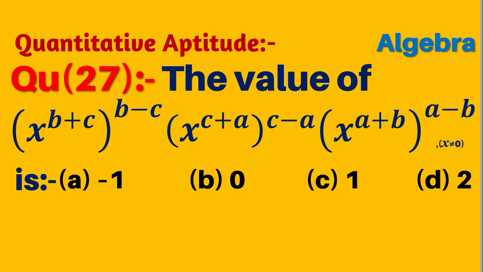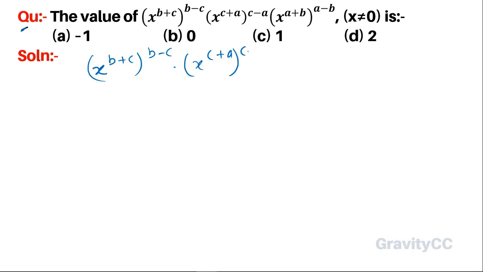Solution. Here given x to the power b plus c to the power b minus c into x to the power c plus a to the power c minus a into x to the power a plus b to the power a minus b is equal to.